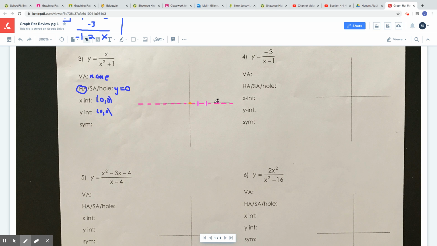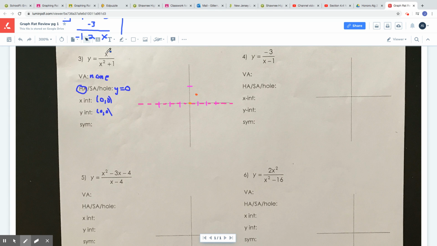So we need to test a few points, like 1, 2, and 3, and -1, -2, -3. If I plug in 1, I get 1 over 2, a half, so I have the point 1 comma half, right here.